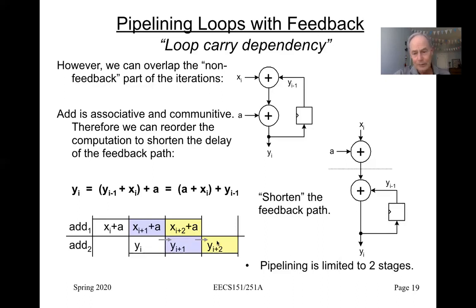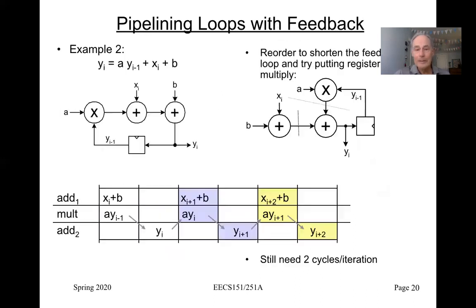So we get to overlap somewhat, but we can't pipeline the feedback, but we can still overlap computations. Unless we pipeline this add operator, the pipelining is limited to 2 stages in this case. So that's one thing to keep in mind when you have loop carry dependencies.